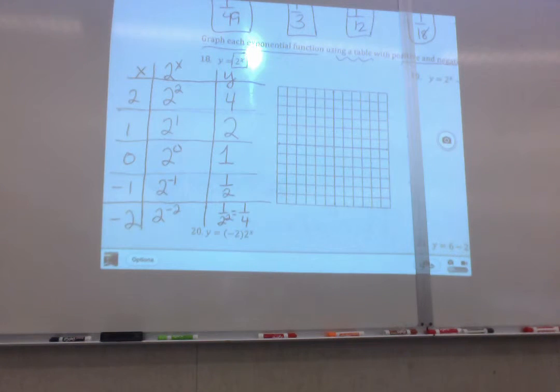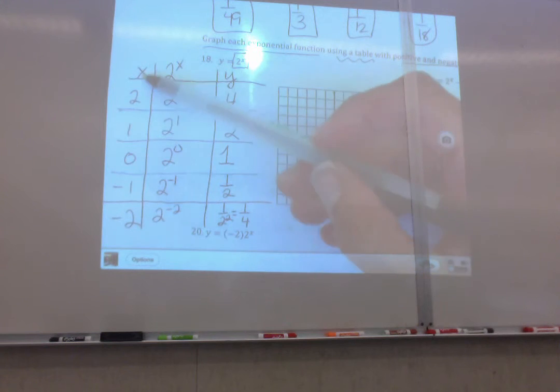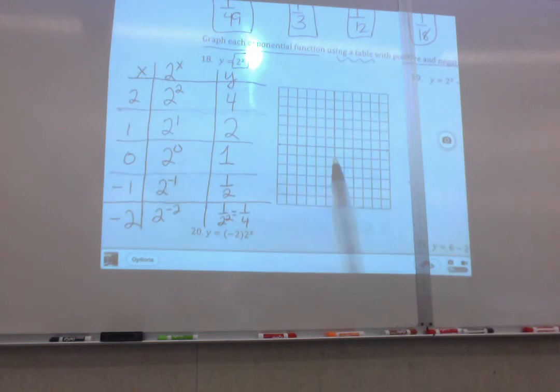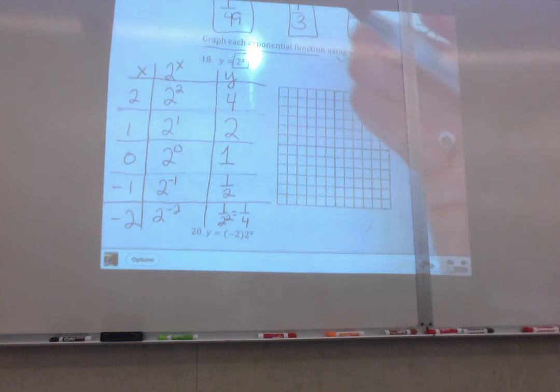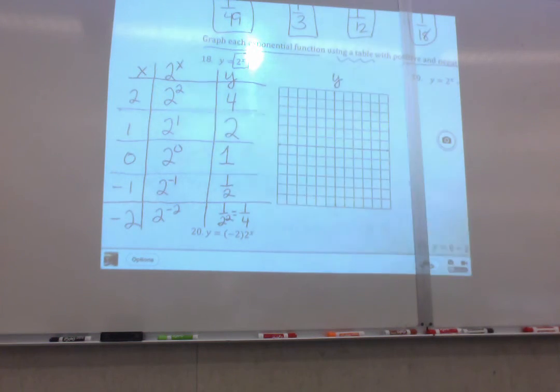Okay, so how do we graph that? I look at my biggest and smallest numbers for x. Looks like I could go 1 by 1 for squares. I look at my biggest and smallest numbers for y. Again, I have enough room on my y-axis to get to my biggest and smallest numbers.